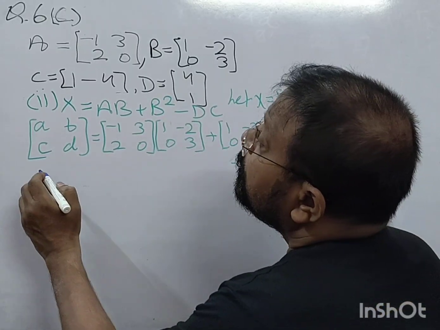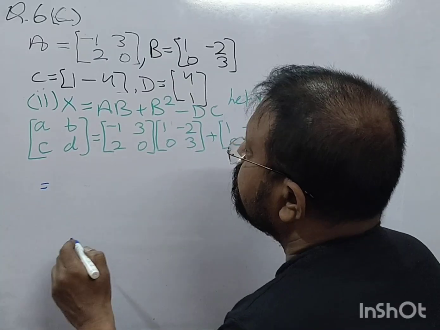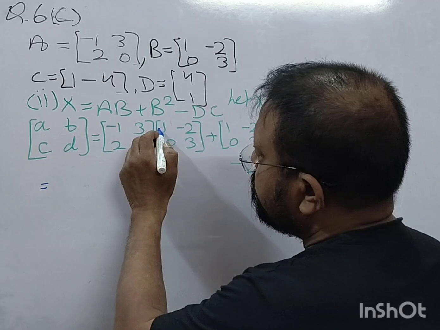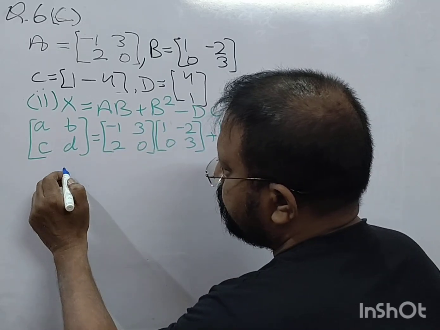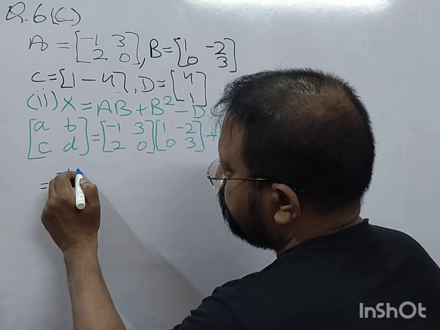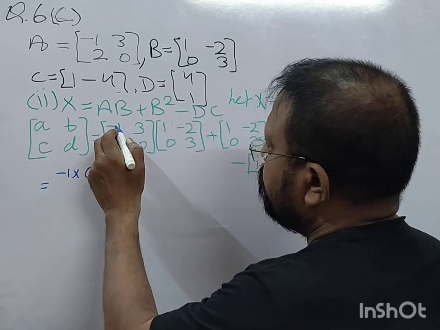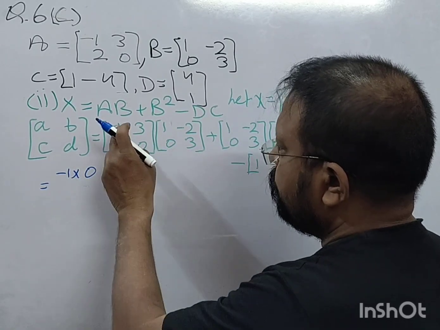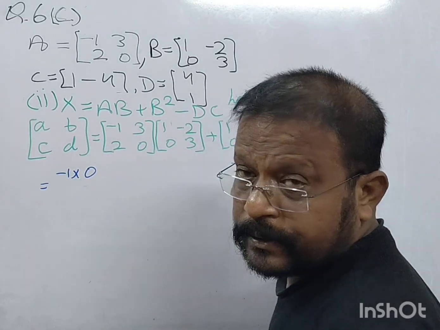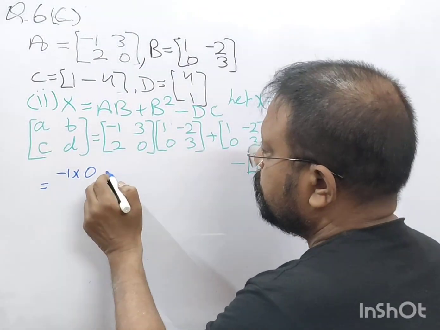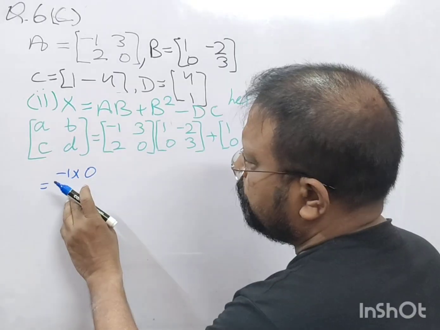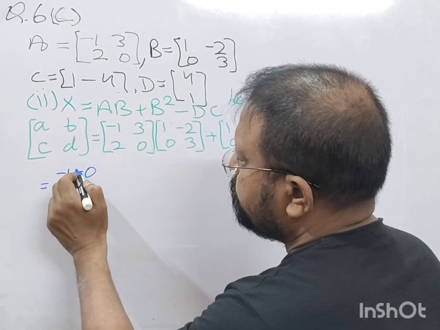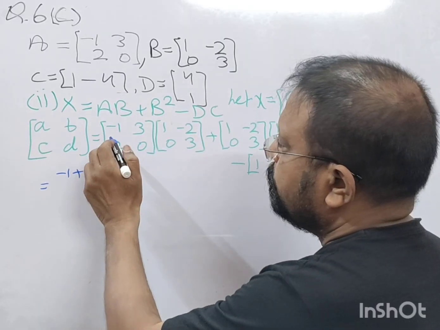Again we write here like this. This is minus 1 into minus 1 becomes minus 1. Minus 1 into 0. Minus 1 into 2 becomes what? Minus, minus, plus, plus 2. This is minus 1 plus 0, right?